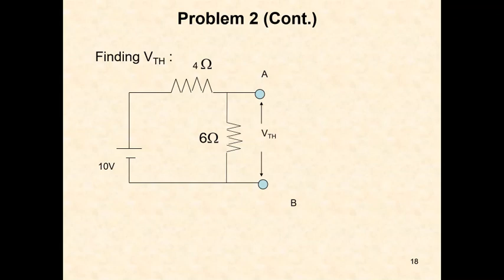That 1 amp current flows through the 6 ohms, so the voltage across the 6 ohms is 6 into 1 amp, 6 volts, which is the open circuit voltage across terminals AB.